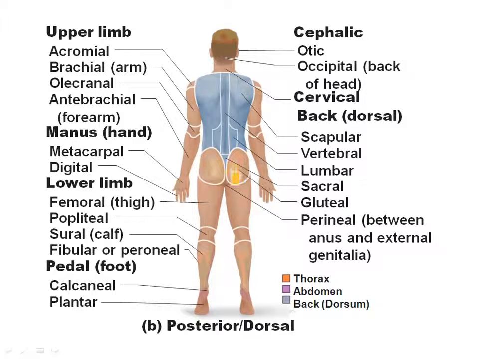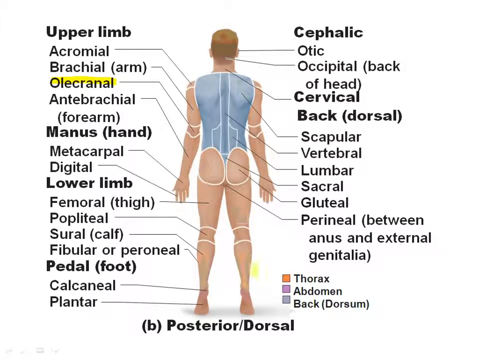The butt cheeks are known as the gluteal region, and the area between the butt cheeks, that is going to be the sacral region. The back of the arm is the same as the front of the arm, except the back of the elbow is the olecranal region. Remember, the front of the elbow was the antecubital region.